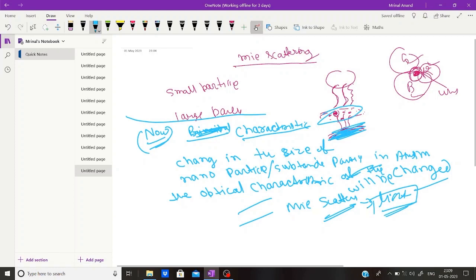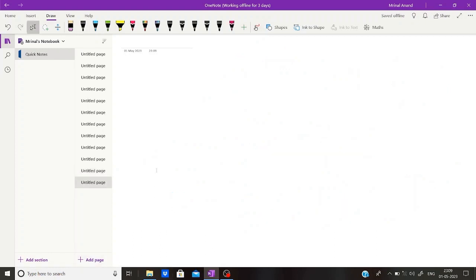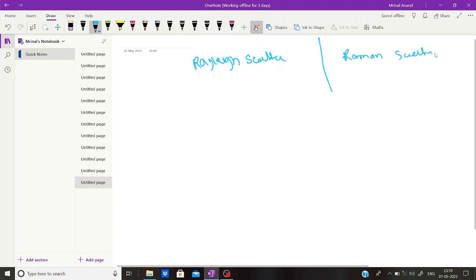Now let us make some difference between the Rayleigh scattering and the Raman scattering.